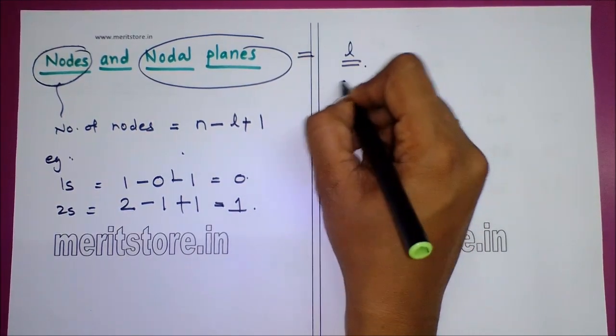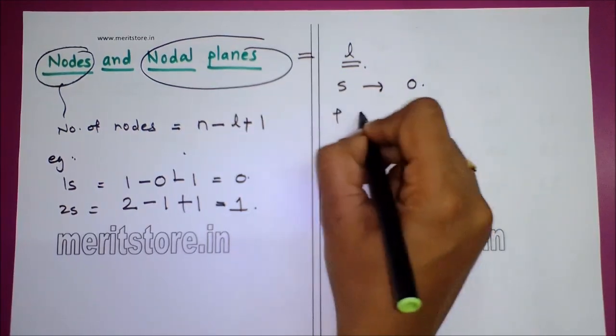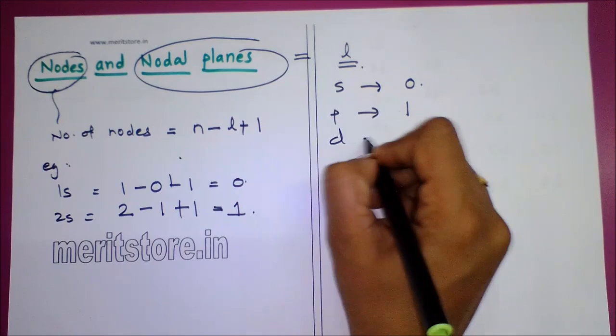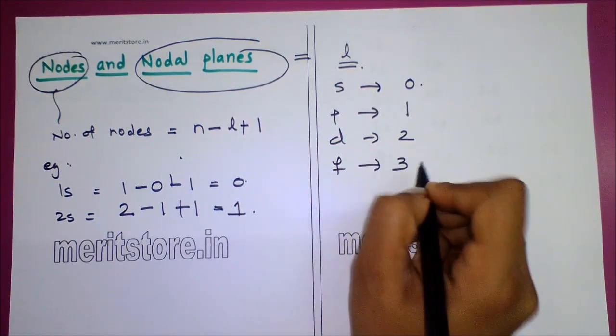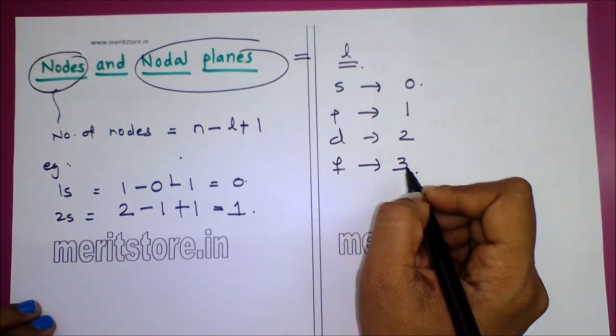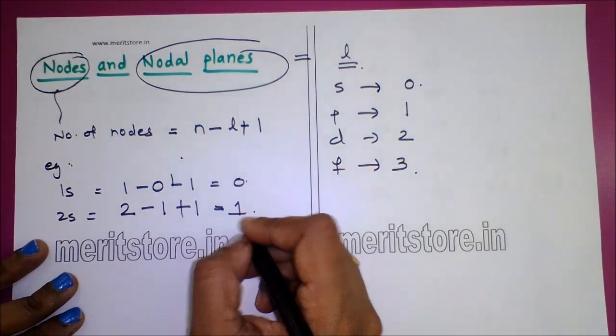So if the orbital is s, the angular nodes will be 0. If it is p, that will be 1. If it is d, that will be 2, and if it is f, that will be 3. So the number of nodes and nodal planes can be calculated with respect to this.